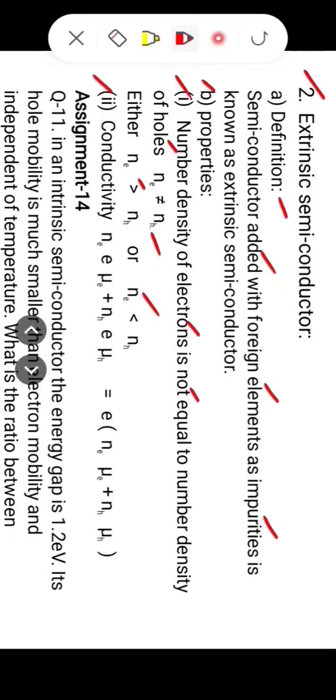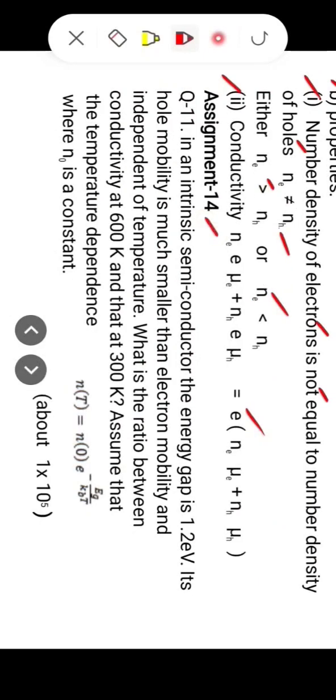We take out e common: e (Ne mu e plus Nh mu h), where Ne is number density of electrons, mu e is mobility of electrons, Nh is number density of holes, mu h is mobility of holes. Here we take out only e common and not N, because Ne is not equal to Nh. In intrinsic semiconductor, Ne is equal to Nh, so we take it as Ni.